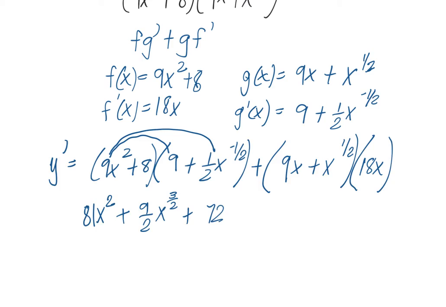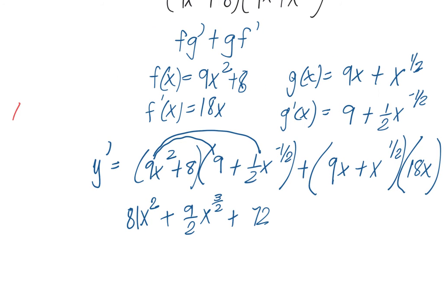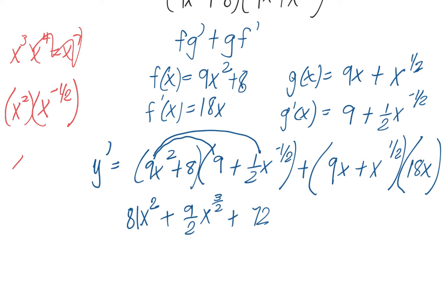Right here I'm saying x squared times x to the negative 1/2. The rule is, just pretend that you were doing like x cubed times x to the 4th. That's x to the 7th, because you keep the base and you add the exponents. Well, I'm keeping my base of x, and 2 plus negative 1/2 is equal to 3/2.